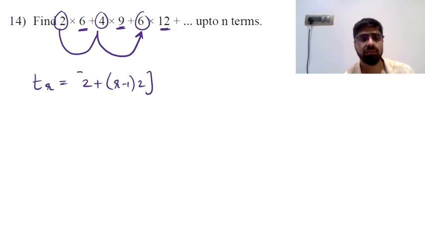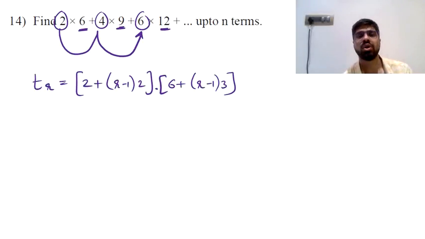And the second term is going to be an AP with the first term being equal to 6. So the rth term for that second AP will be 6 plus r minus 1 into the common difference for that second AP, which is equal to 3. So 6 plus r minus 1 into 3 is the second term, and a combination of the two terms here will give us the rth term for the given sequence.